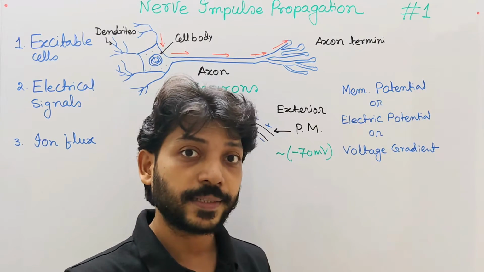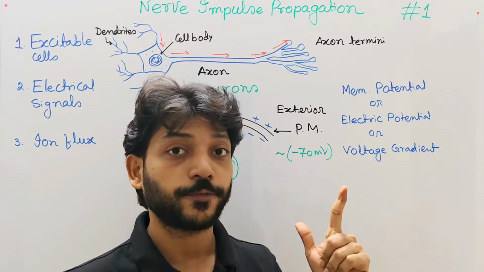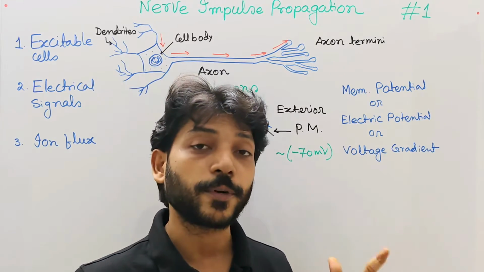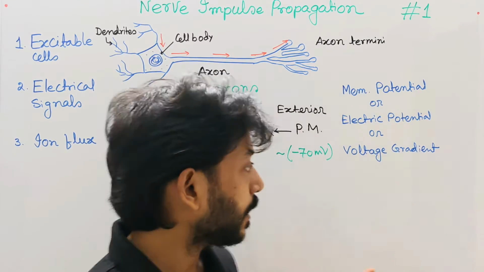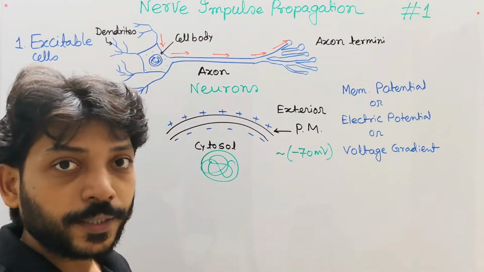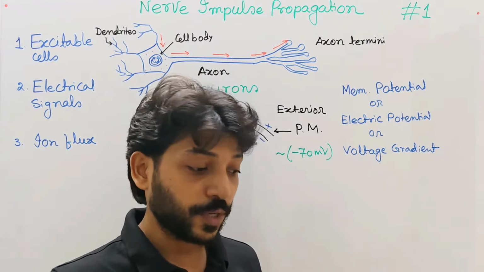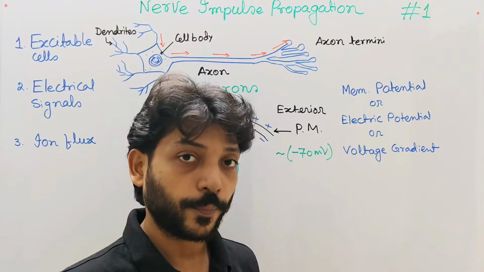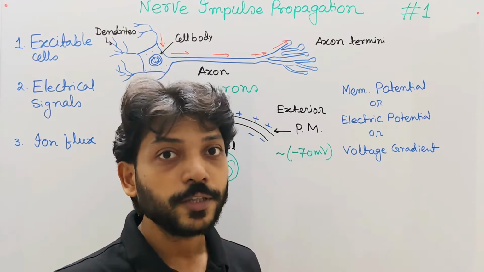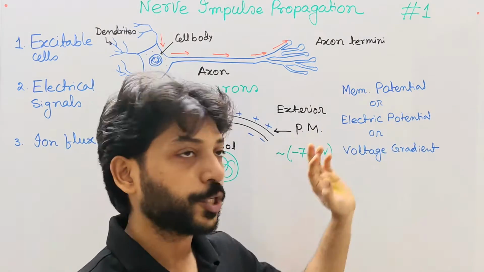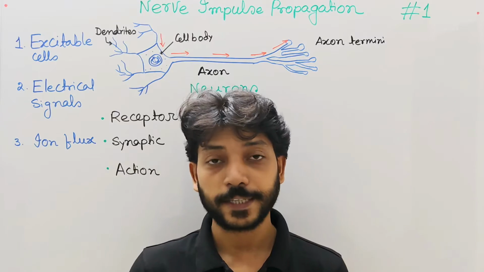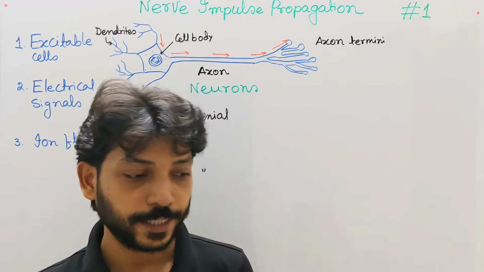Now when they sense that there is a change in the membrane potential, they perform effector functions, and this second point is important. Like in case of neurons, they propagate the nerve impulse or electrical signals. In case of muscles, they contract, and in case of beta cells of pancreas, they secrete insulin in response to membrane potential change.